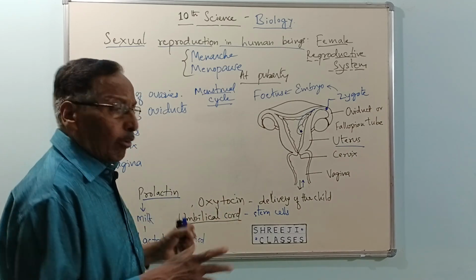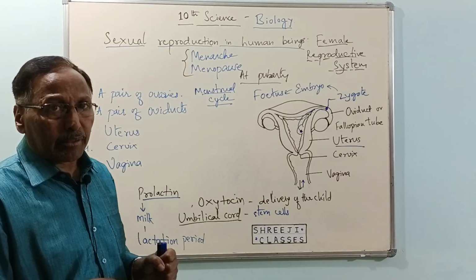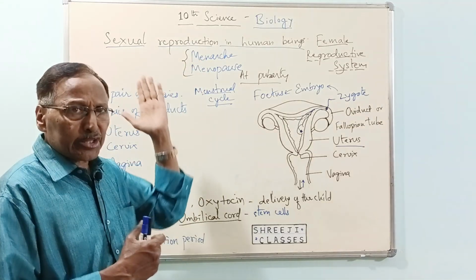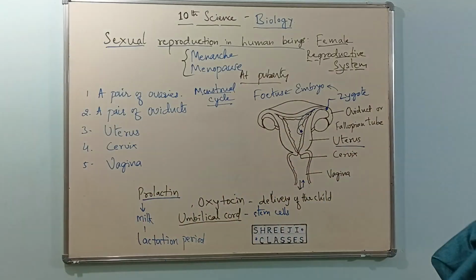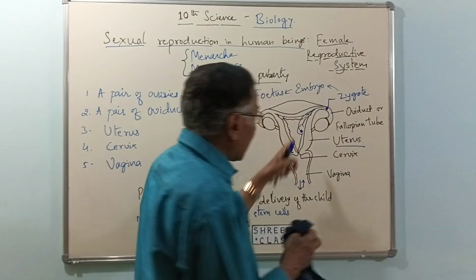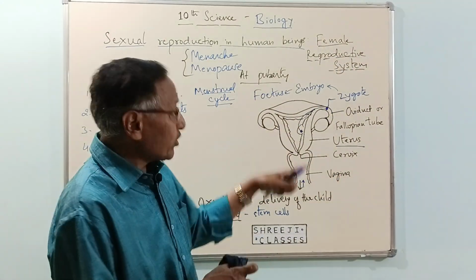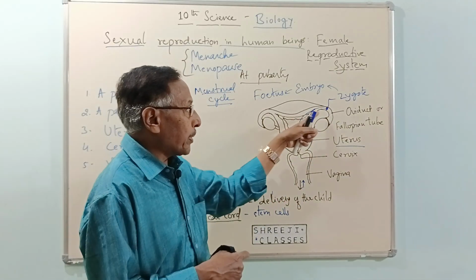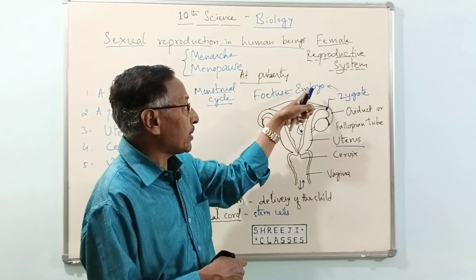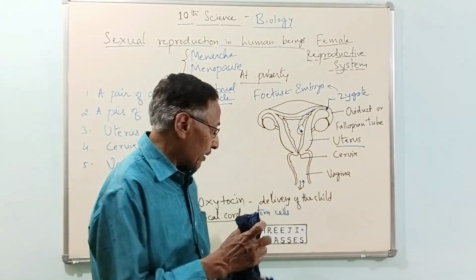This is about how a child is born, how the male reproductive system and female reproductive system work. Now, if the egg released is fused with the sperm, then fertilization takes place. That is, fusion of sperm and egg takes place, zygote is formed, it changes to embryo, fetus and develops here. Is it not?